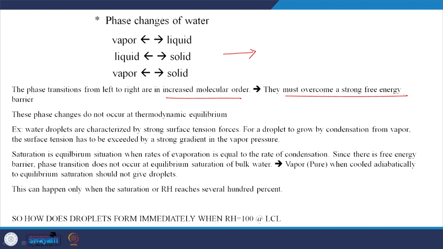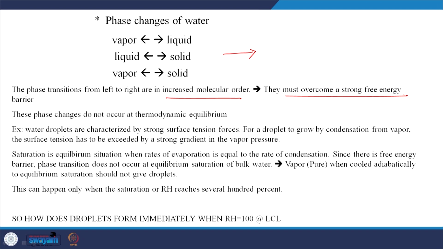Now, saturation is equilibrium saturation when the rate of evaporation is equal to the rate of condensation. If you consider a droplet, if a molecule has to escape this droplet, it has to cross the surface tension barrier. So, saturation is some equilibrium point when the rate of evaporation is equal to the rate of condensation. Now, since there is a free energy barrier, phase transition does not occur at the equilibrium saturation of bulk water, right.